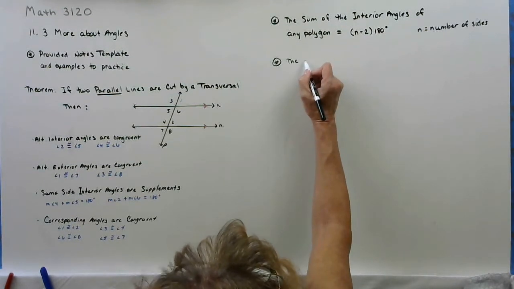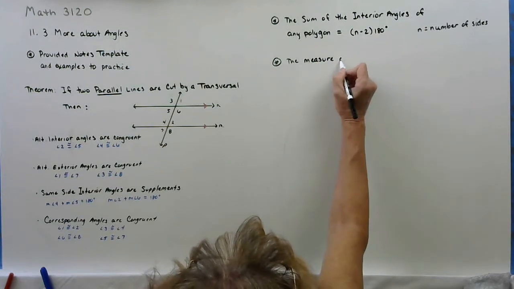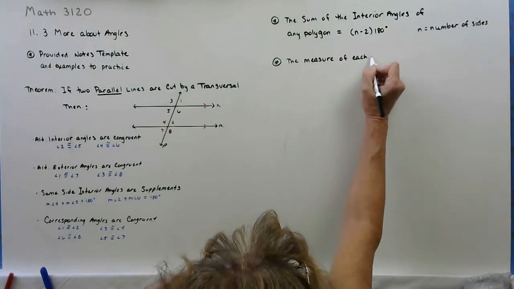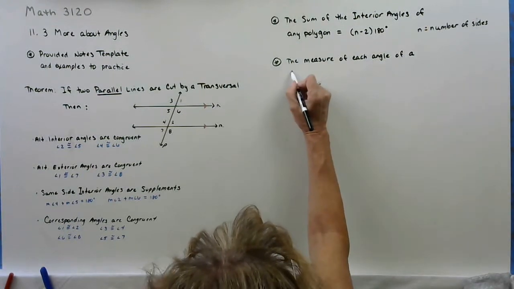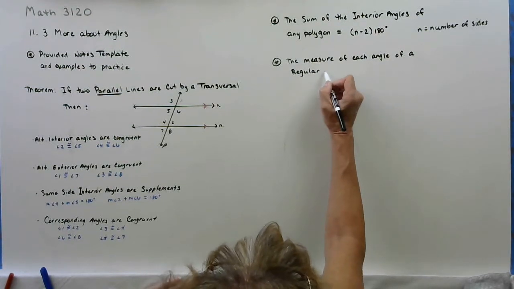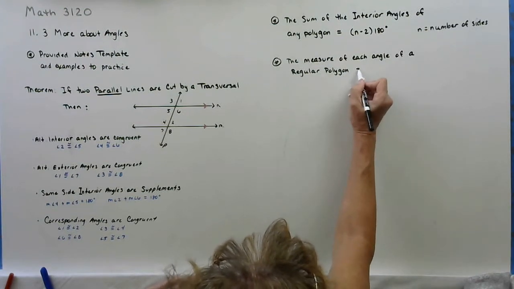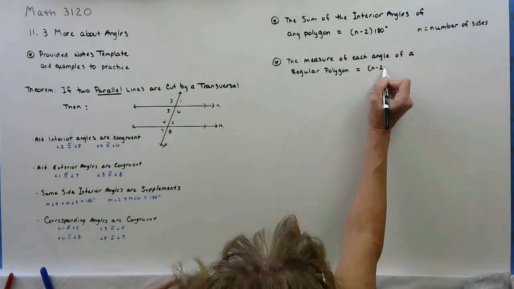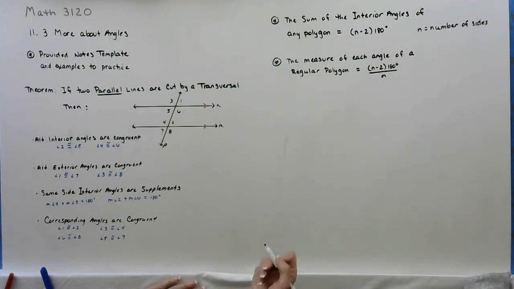The measure of each angle of a regular, meaning all sides are the same, all angle measures are the same. We started with the total sum, and then we divided it by however many angles or sides we had. So we talked about that last section.